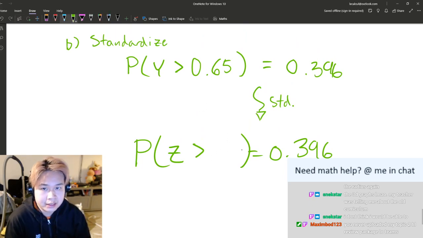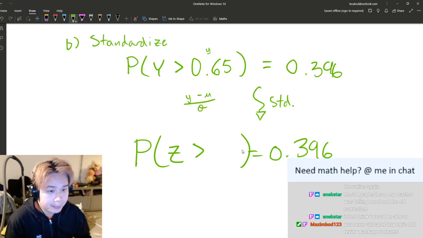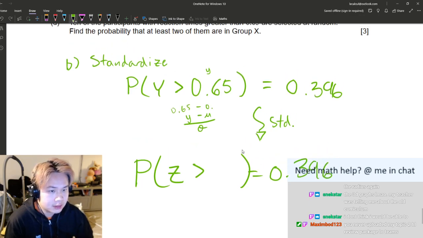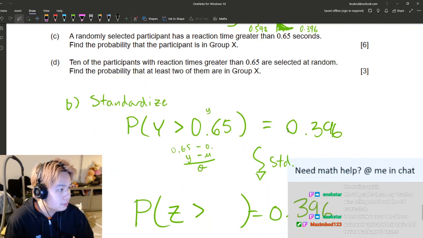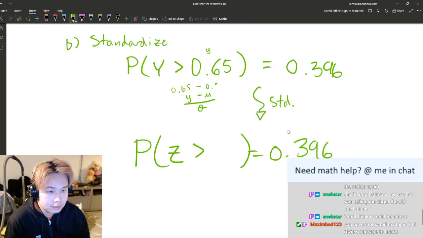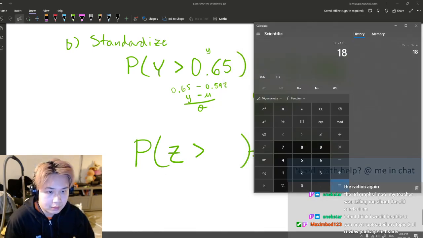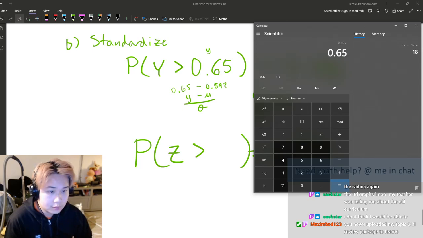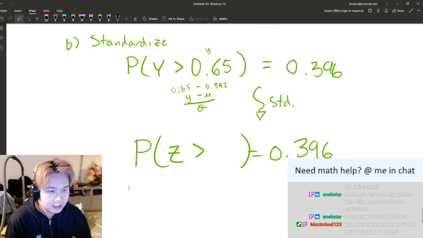So what that z-score is, it's your y-score minus the average y, divided by standard deviation. So 0.65 minus 0.592, which is 0.058.